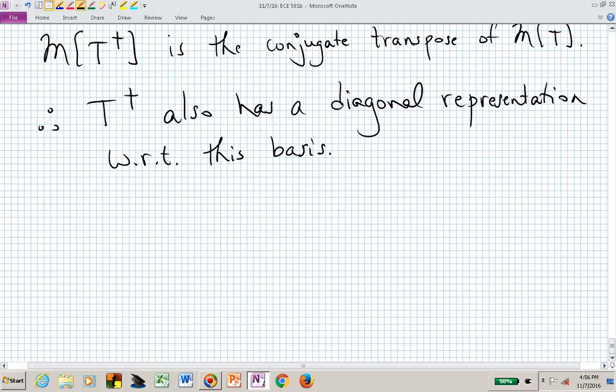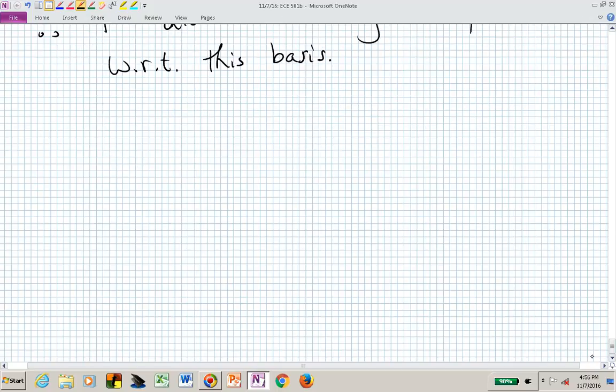And let's just remind ourselves what happens when we're dealing with diagonal matrices and we want to take those in combination. Or let's consider the product of two diagonal matrices.